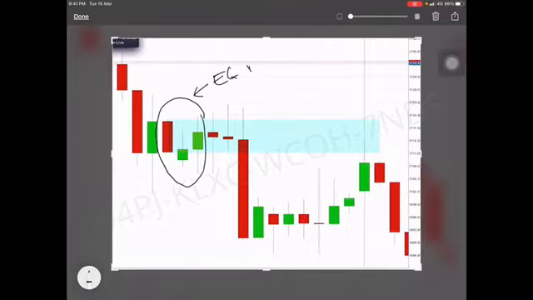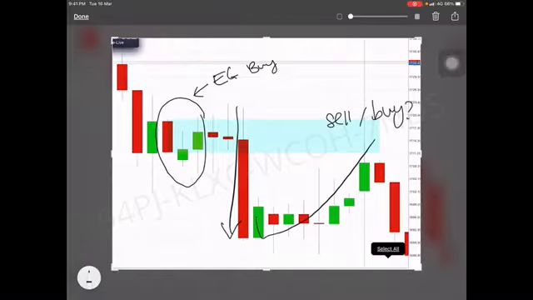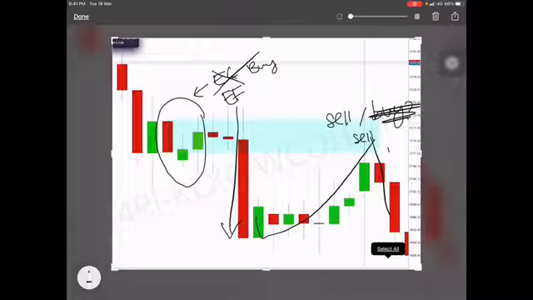And then the price broke downward. It broke the zone. So now what are we going to look for once the price comes here? Sell. Yes, so when the price comes here, we're going to look for sell. So we sell here.